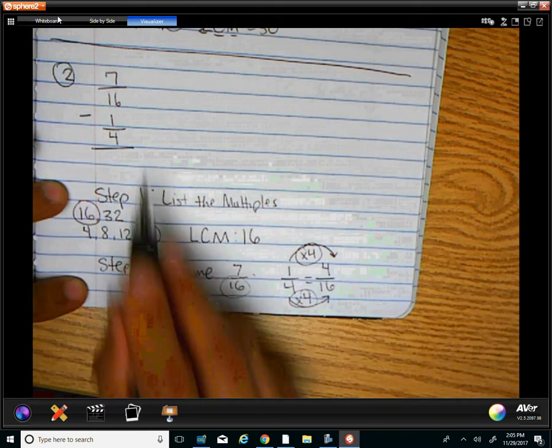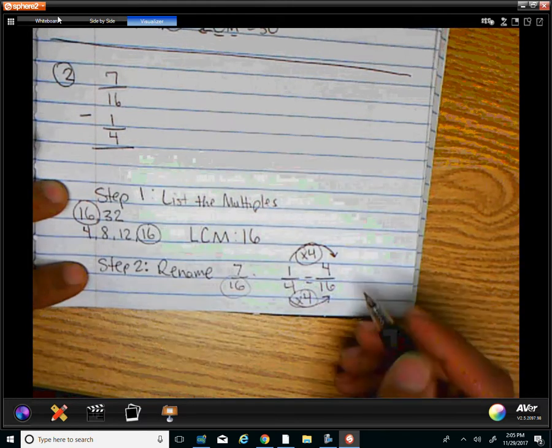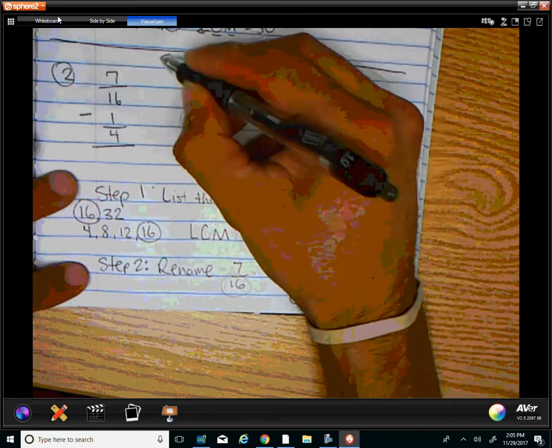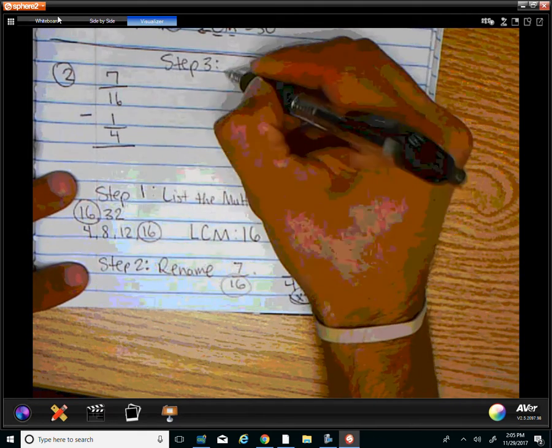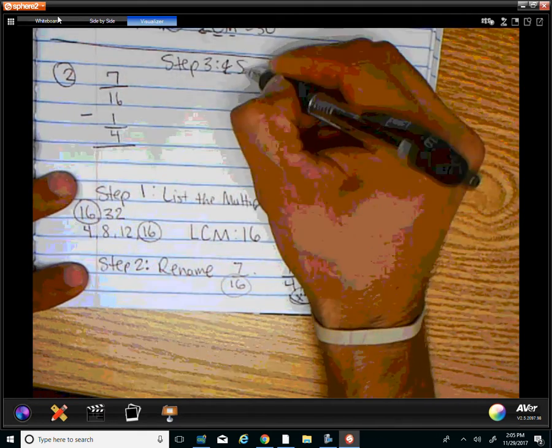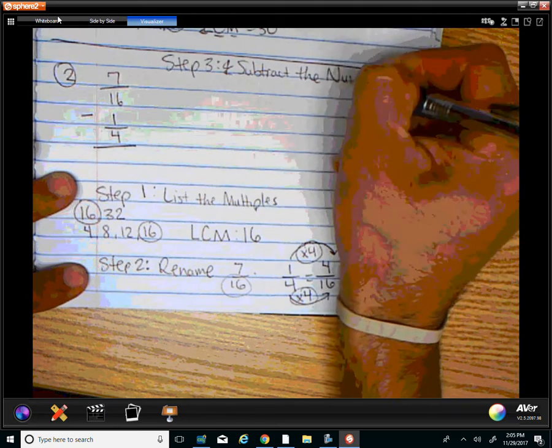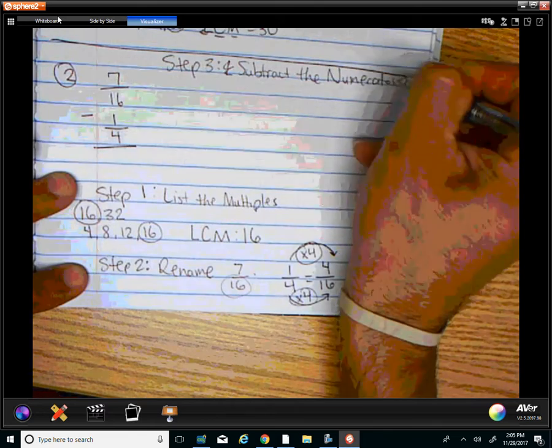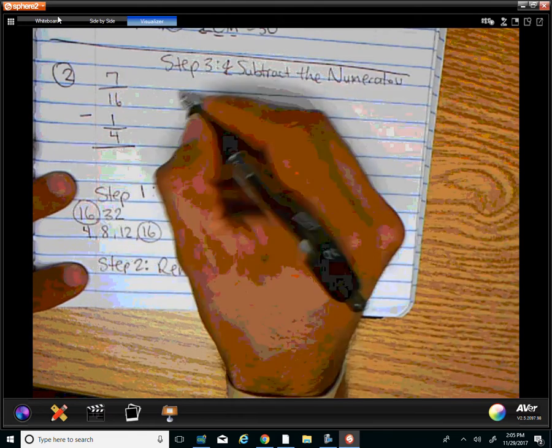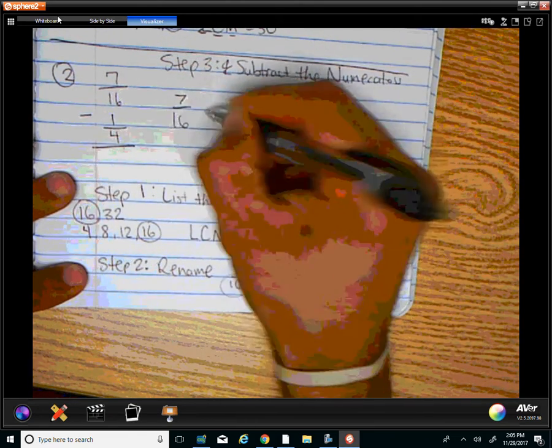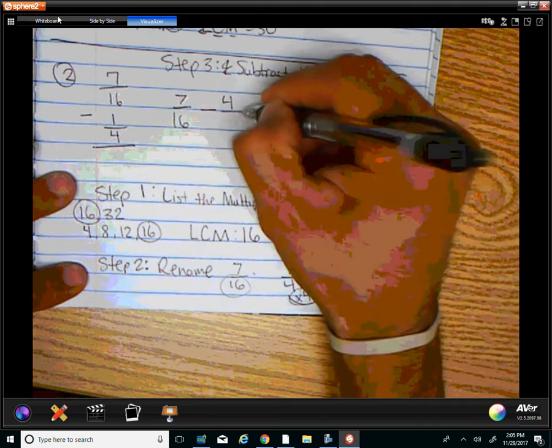So now when I work this problem out, let's use the renamed fractions, and step 3 is to subtract the numerators. So we can write it this way: 7/16 minus 4/16.